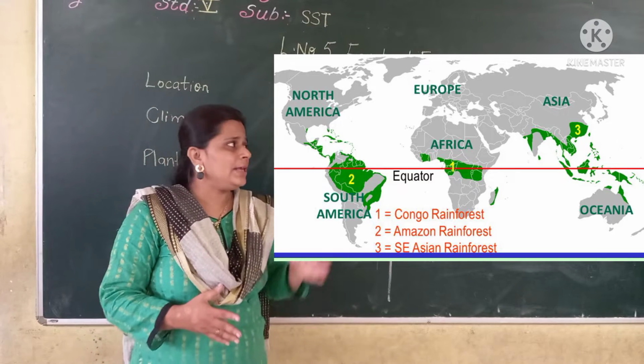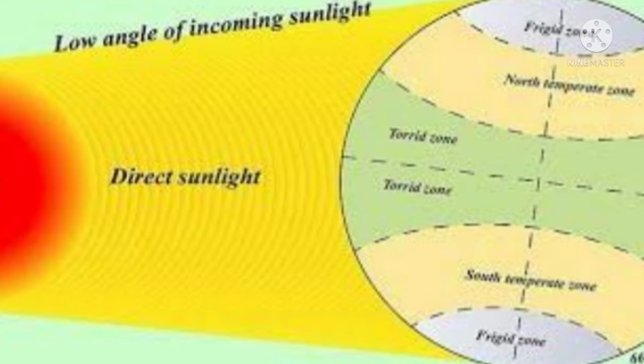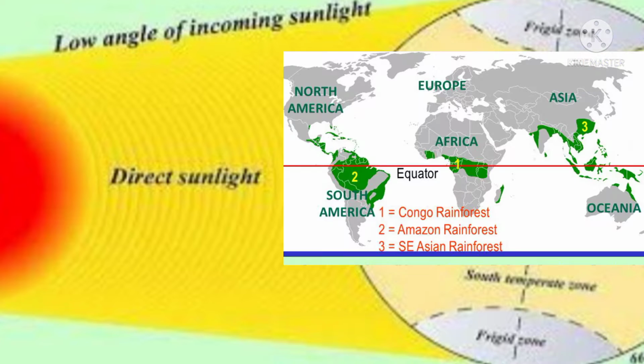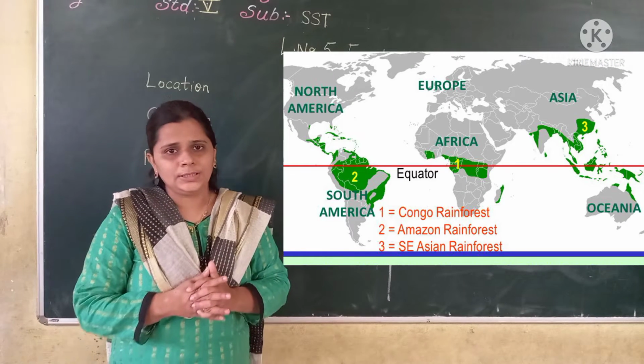So we see that the equatorial forest region falls on the torrid zone. And you all know this torrid zone receives direct sunlight, direct vertical rays of sunlight. Because of that, the equatorial forest remains hot and wet throughout the year.